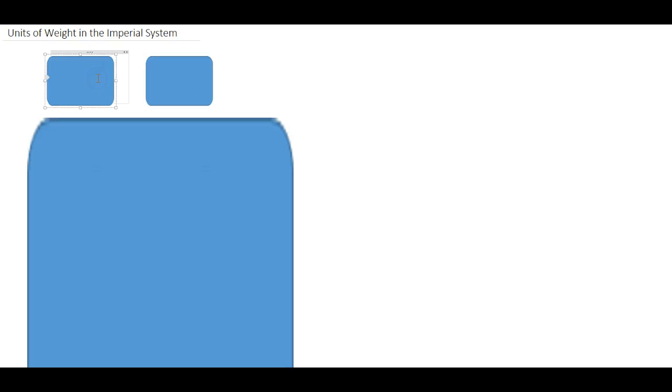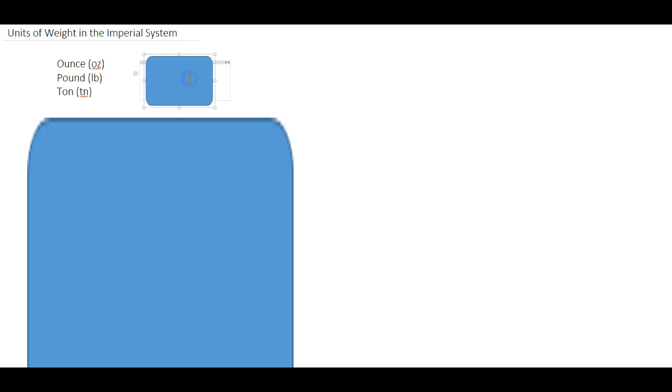So our first glimpse is our 3 units. We have ounces, abbreviated OZ, pounds, which is abbreviated LB, and ton, which is abbreviated TN.